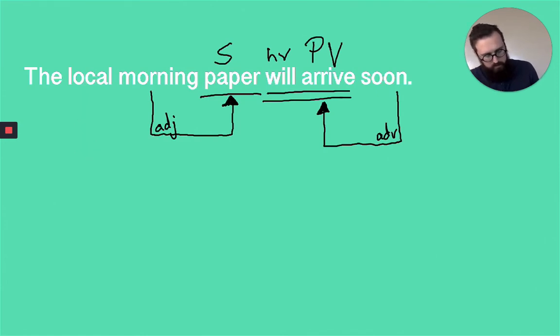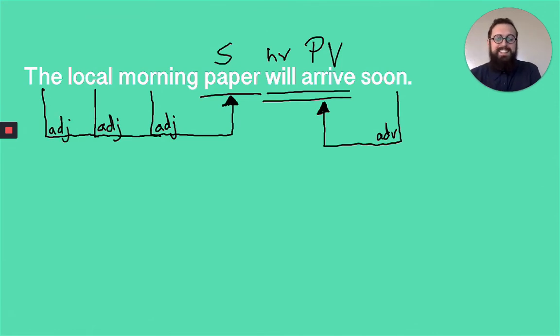I can put these two lines together because they're describing the same thing. ADJ. And which paper? It's the paper. Again, I can attach these because they all three are describing paper. Okay, that's how we analyze this sentence. Let's go ahead and look at diagramming it.